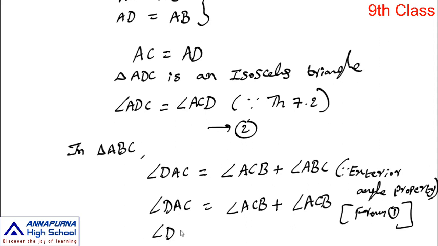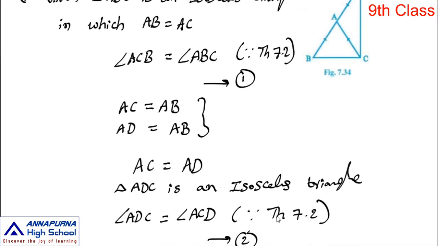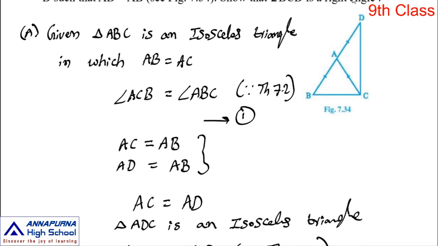So angle DAC is equal to angle ACB plus angle ACB, which is equal to 2 angle ACB. This is equation number 3.